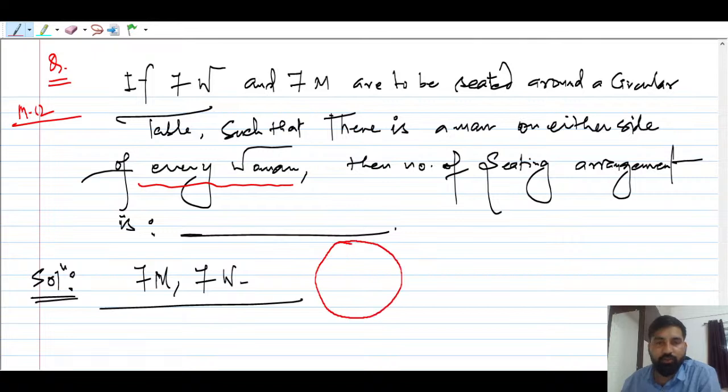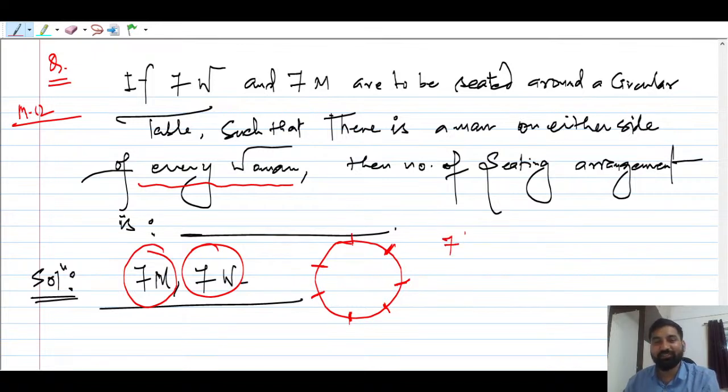First of all, you arrange the 7 women, because both are equal, no problem. Arrange them here, 1 2 3 4 5 6, and 7 women are there. So how many ways are there? 1 will always be fixed, so 7 factorial by 7, which is 6 factorial.